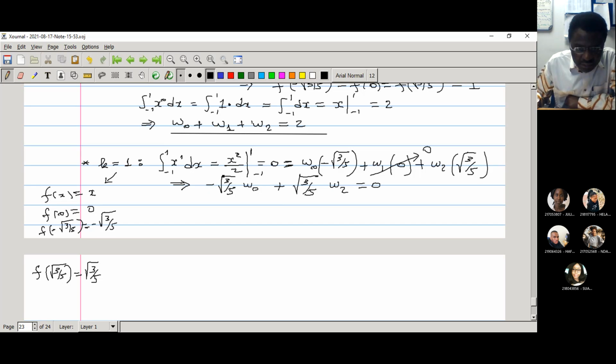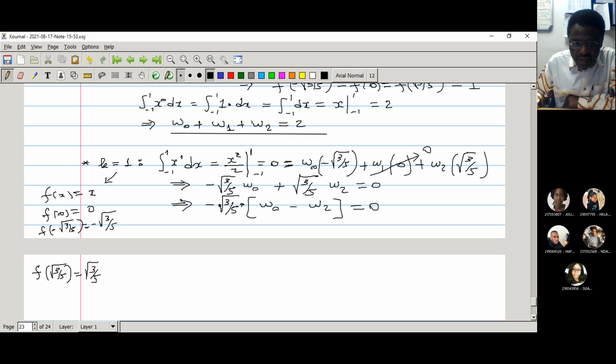Now you can see that this is a common factor. So I can factor by this. Negative square root of 3 by 5 factor of W0 minus W2 is equal to 0.